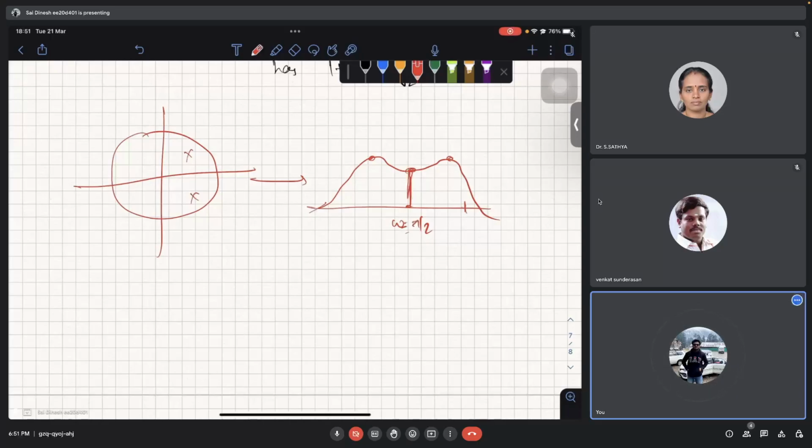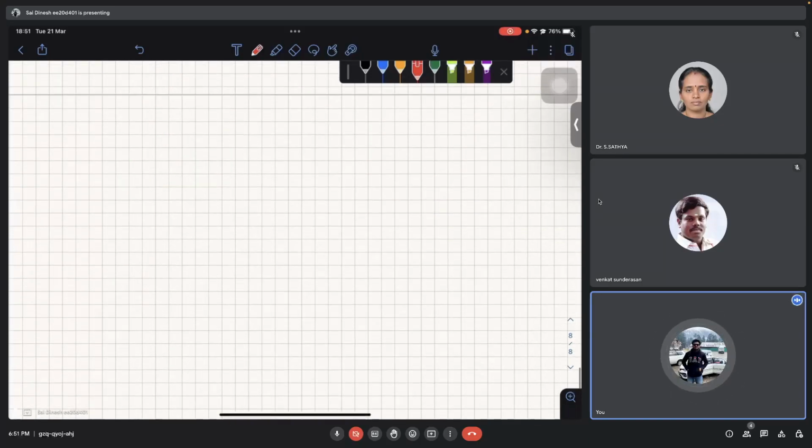According to this information, we can again narrow down the solutions and find which system actually has the center frequency at pi by 2. Okay, so this was question 7.